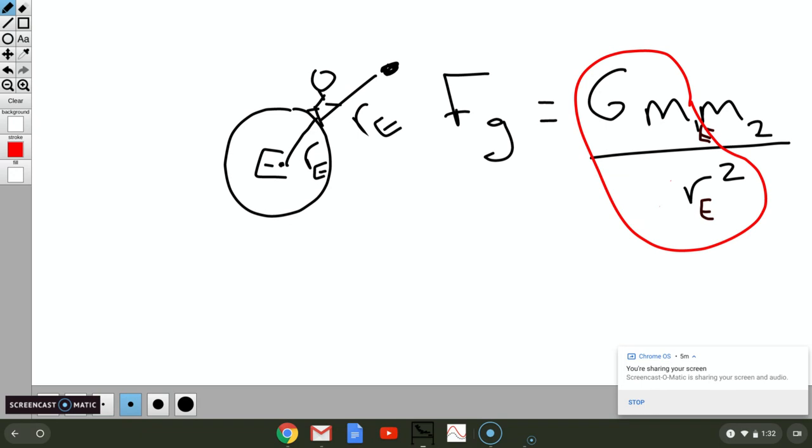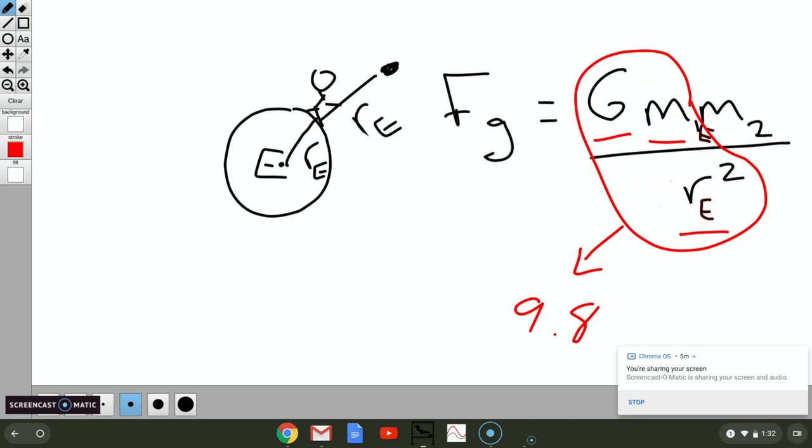And so what you end up with is, if you plug in the actual values for the mass of the Earth, not the rounded off values that I gave you, and the actual radius of the Earth, again, not the rounded off version that is on your equation sheet, and the value for G, which is a constant which never changes, what I've circled in red here always comes out to be 9.8 every single time.